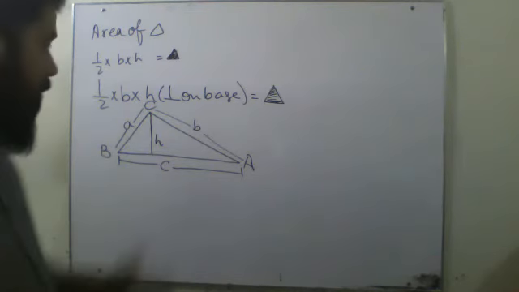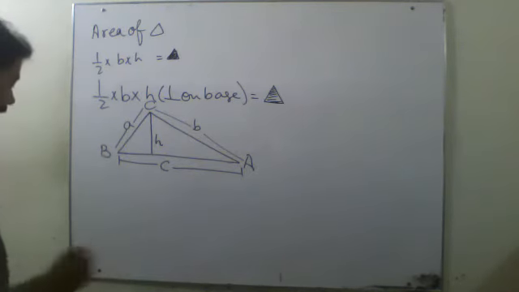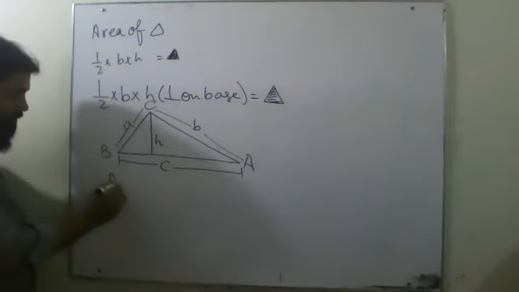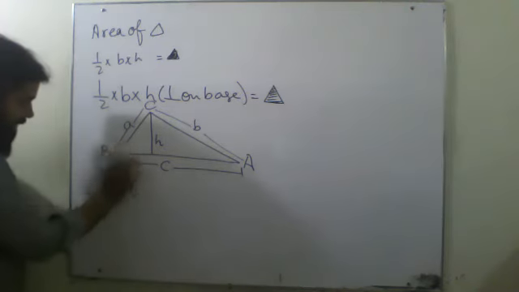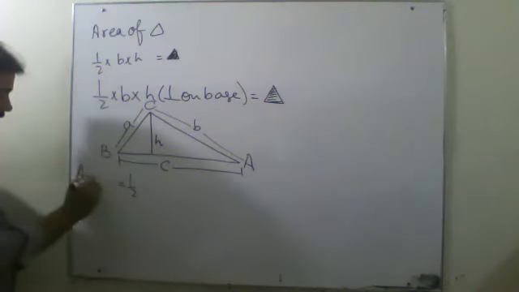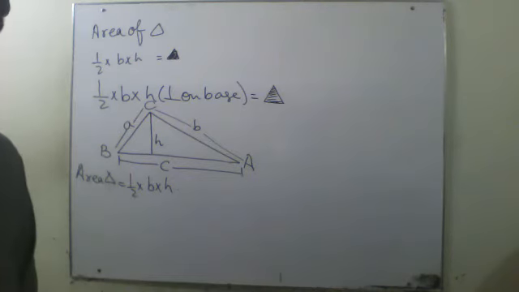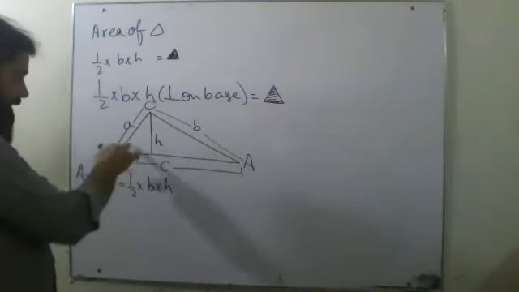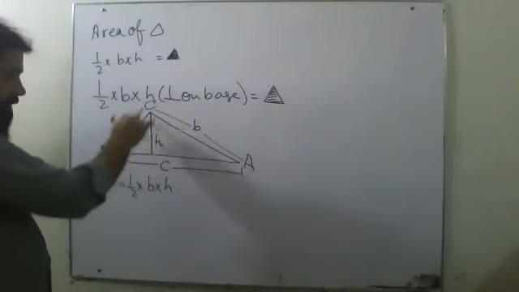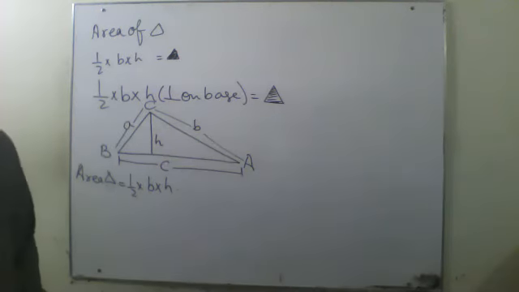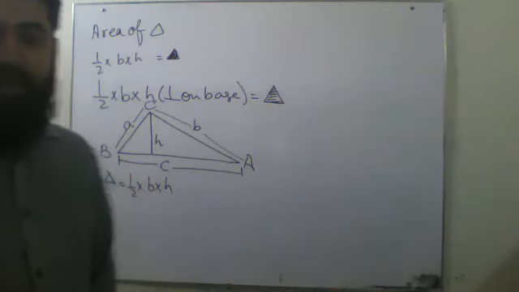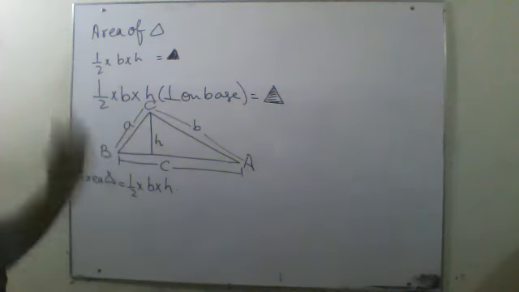I know that the area of a triangle equals half into base into height. Three angles and three sides are given, and they are telling us to find the area, but they are not giving us this perpendicular height.